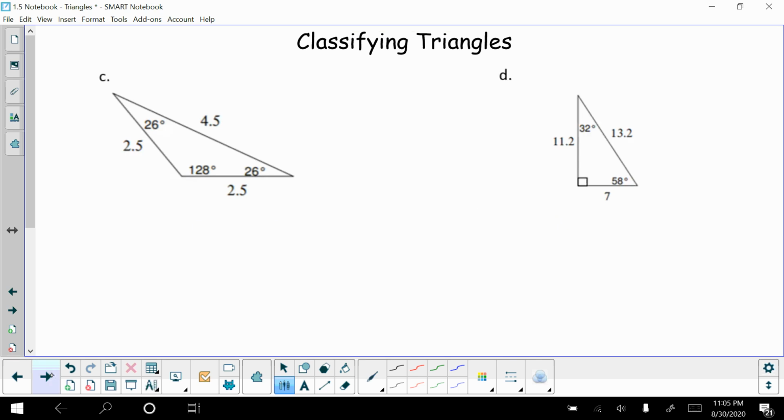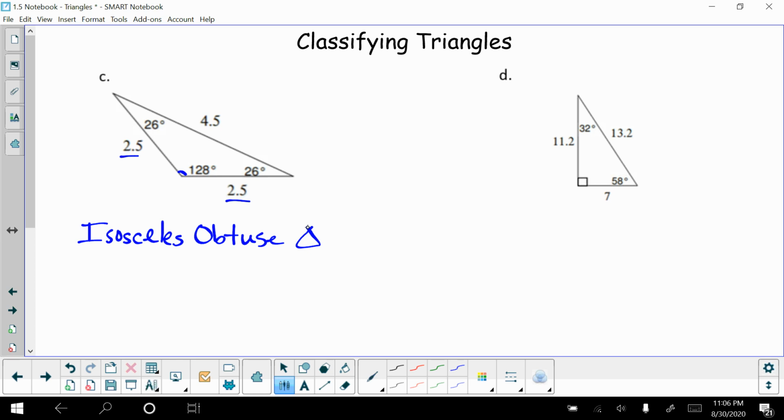Over here, C, you have a triangle. It looks like you've got one obtuse angle and two sides showing to be congruent. To give the most specific name, it's isosceles because these two sides are congruent, and you have this obtuse angle here. So we're going to say isosceles obtuse triangle.